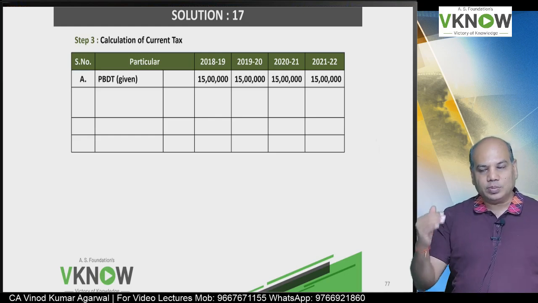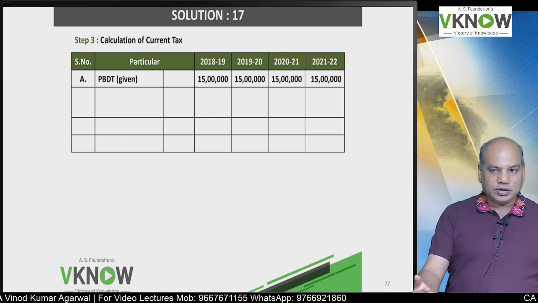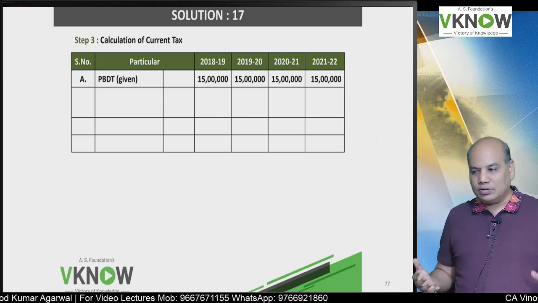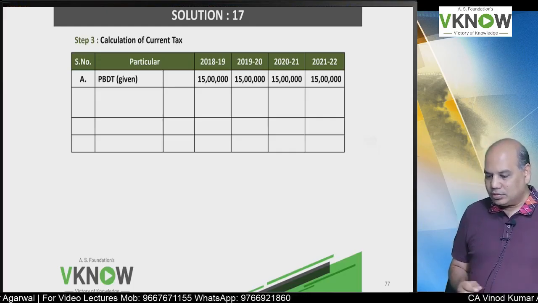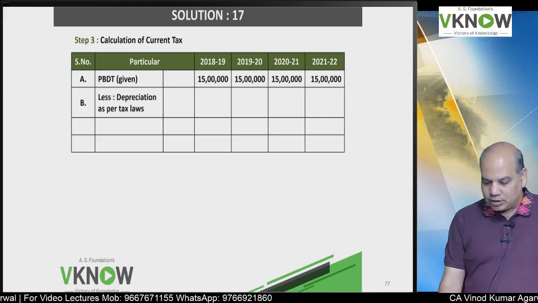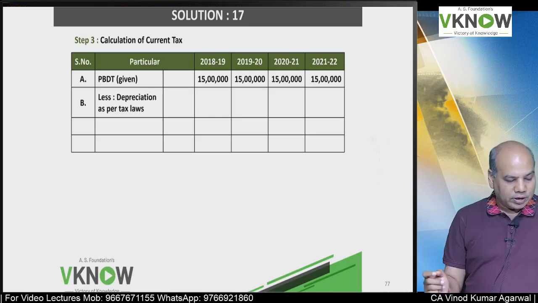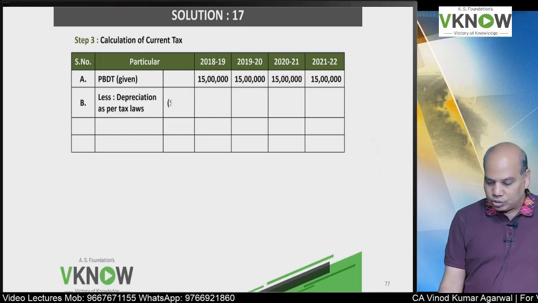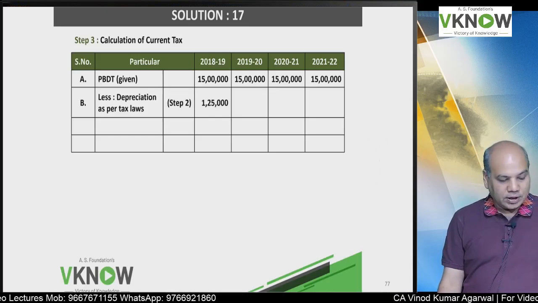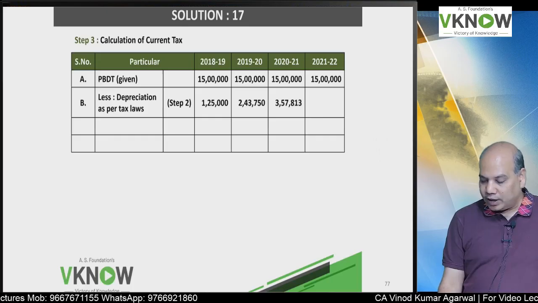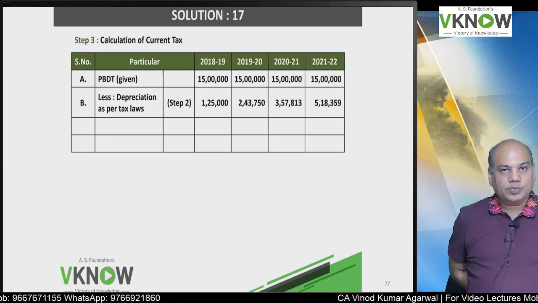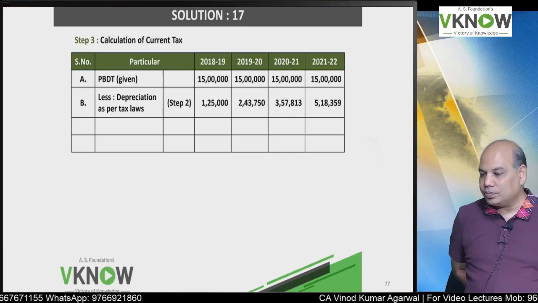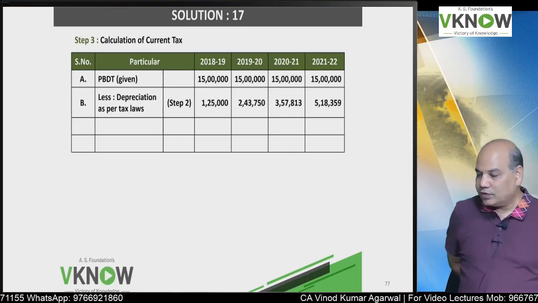Otherwise first you will write PBT, add depreciation, less depreciation. Why waste time? PBDT is given, and you directly deduct depreciation as per tax law. Go to step 2, the previous step, and you will find this number in point E. Is it there?